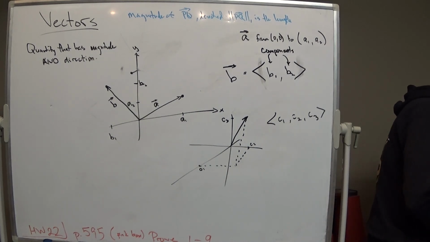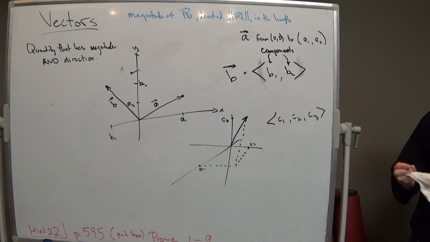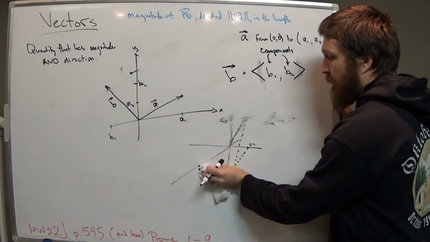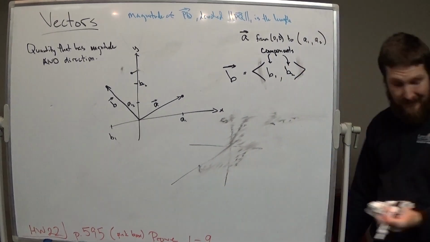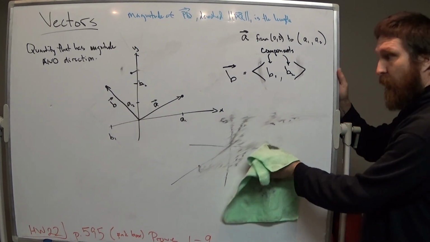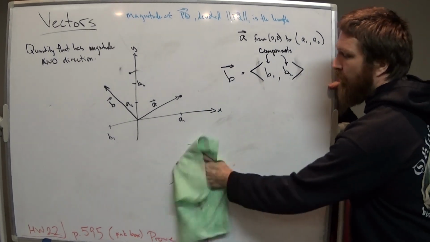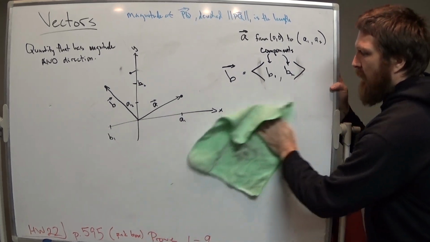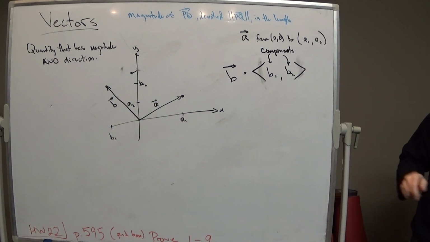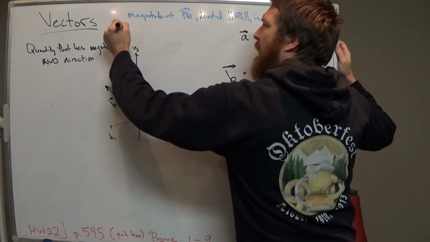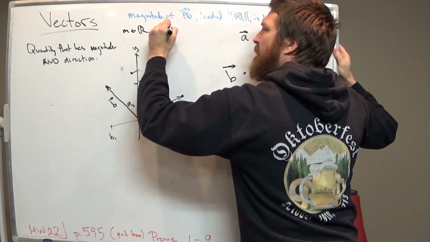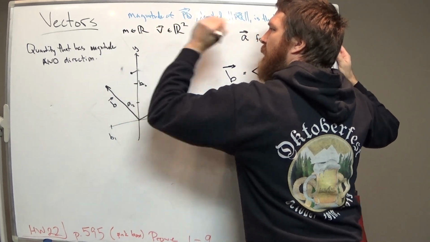Okay, so the entries in there are called components. Since we're doing things in R2, since our vectors live in R2, what do I mean by that? R, right? The real numbers. I'm talking about blackboard bold R here. And 2, the number of dimensions that we have. So earlier I wrote let m be in R, meaning that it's a scalar. I could have written let v be in R2.